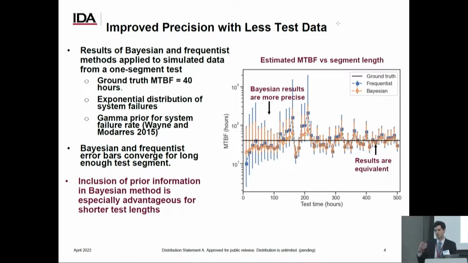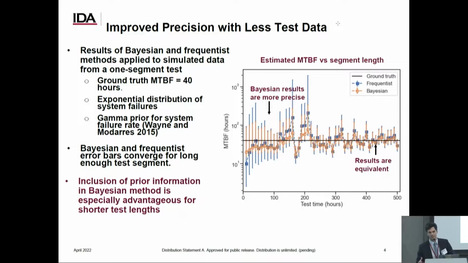And the results of the analysis methods are shown for differing lengths of the test segment. And so what you can see is that the Bayesian methods shown in orange are more precise if the test segment is shorter, if there's less data to work with.